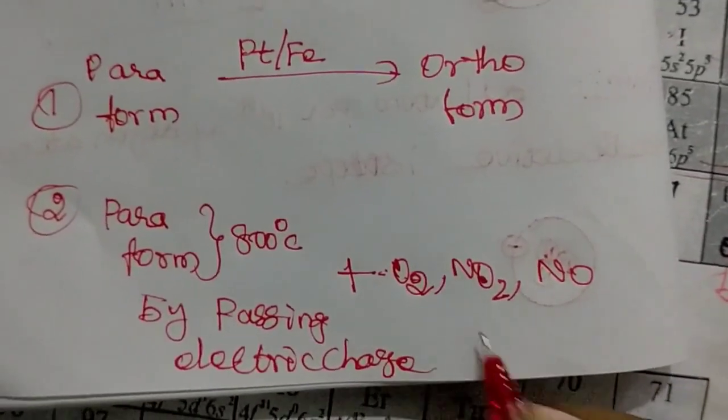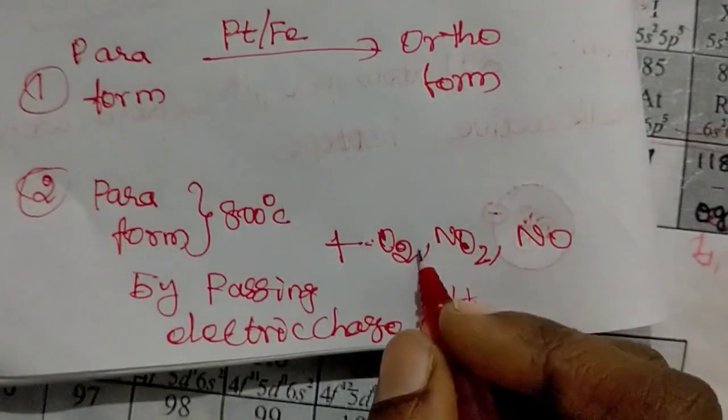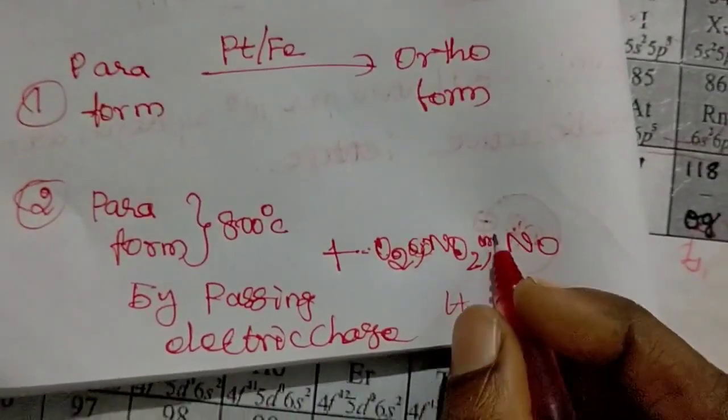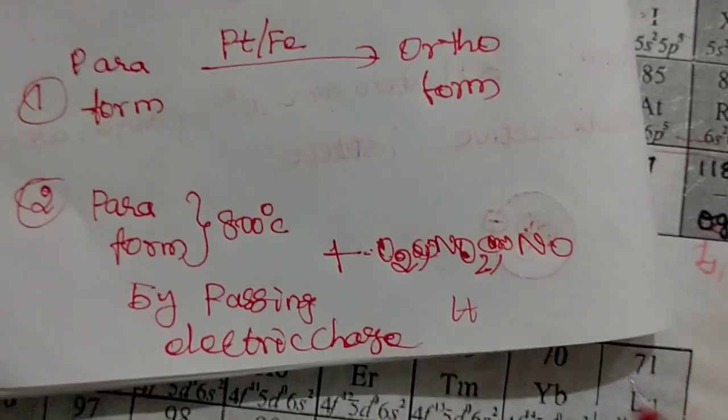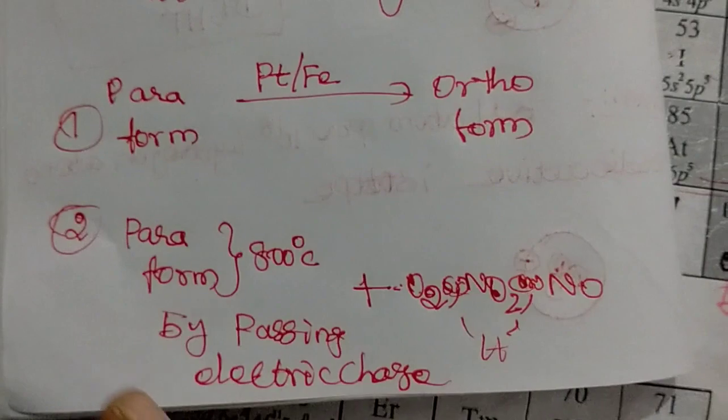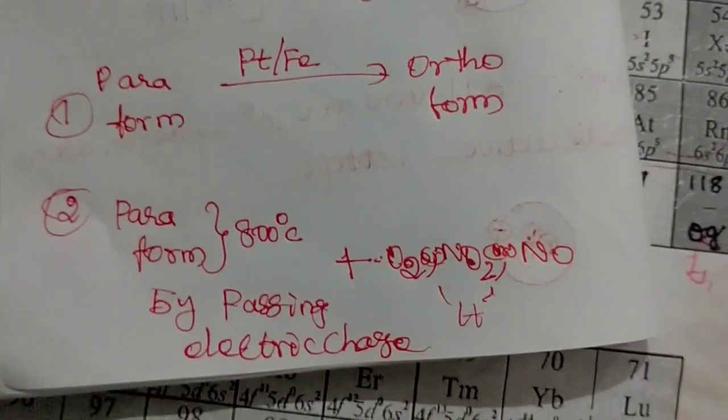We add O2, NO2, NO, or nascent hydrogen, or atomic hydrogen, to get the paraform into orthoform.